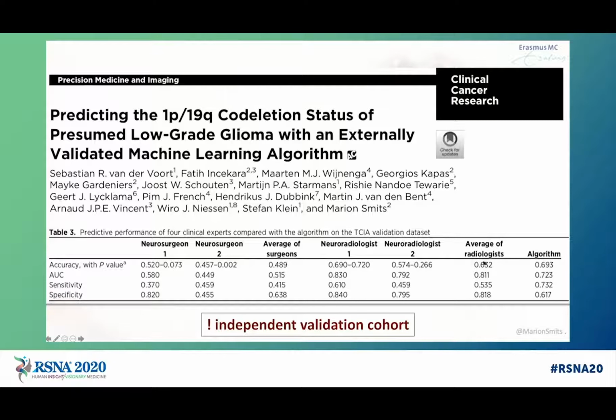But of course, much more interesting is that this was much higher than the accuracy that was reached by the neurosurgeons. Importantly, these numbers are not very, very high, but we used an unselected data set and, most importantly, an entirely independent validation cohort, which is something that you really need to look out for when you're looking at these papers and studies.